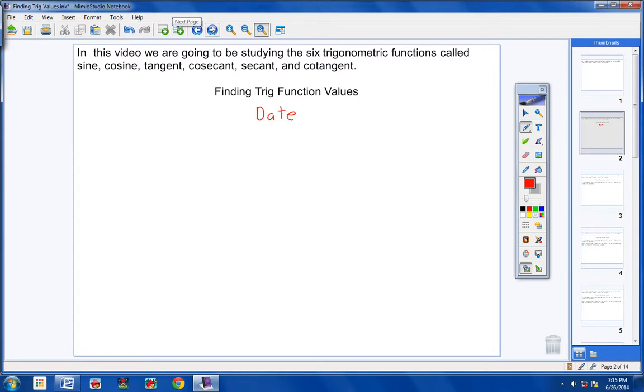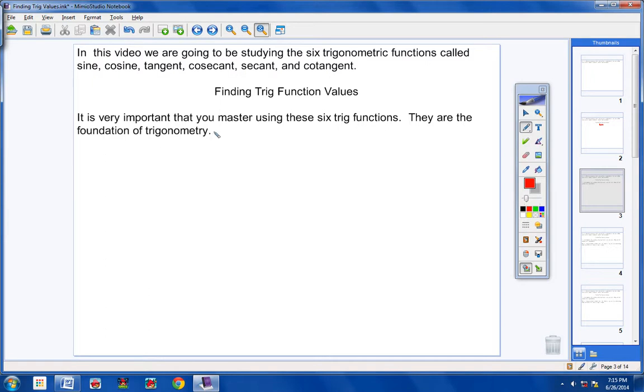Okay, here we go. Take some really good notes, please. It is very important that you master using these 6 trig functions. You need to be very familiar with these 6 trig functions. They are the foundation of geometry, okay?